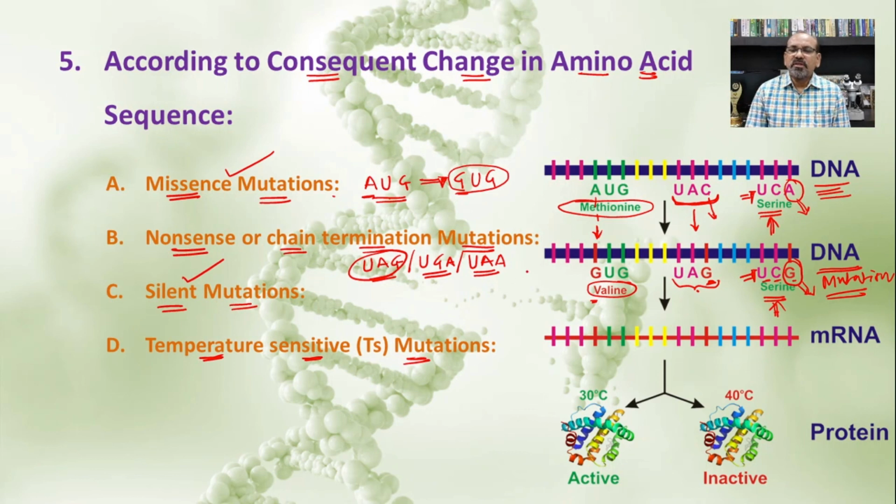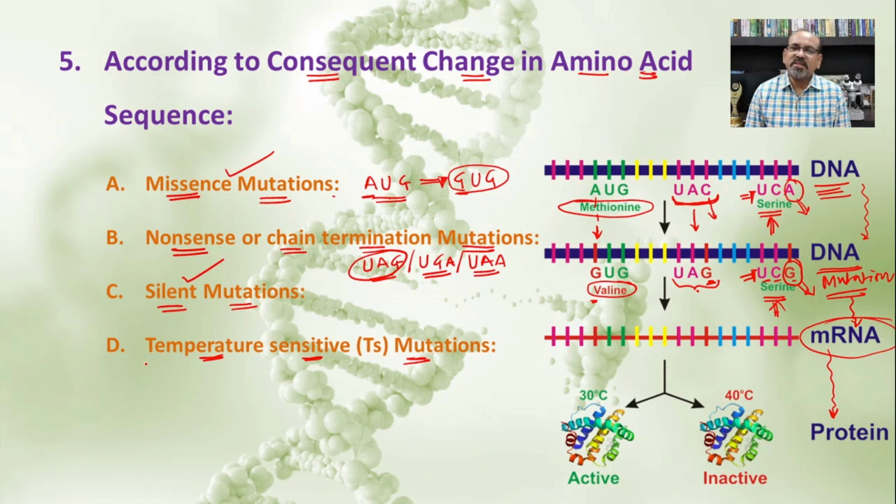As we know, the DNA is responsible for the formation of DNA through replication. Then from the DNA there is a formation of mRNA, that is transcription, and from the mRNA there is a formation of protein, that is known as translation or gene expression. Means the sequence of nitrogen bases on the DNA molecule is first transferred to the sequence of nitrogen bases in the mRNA, and that is used for the formation of the protein.